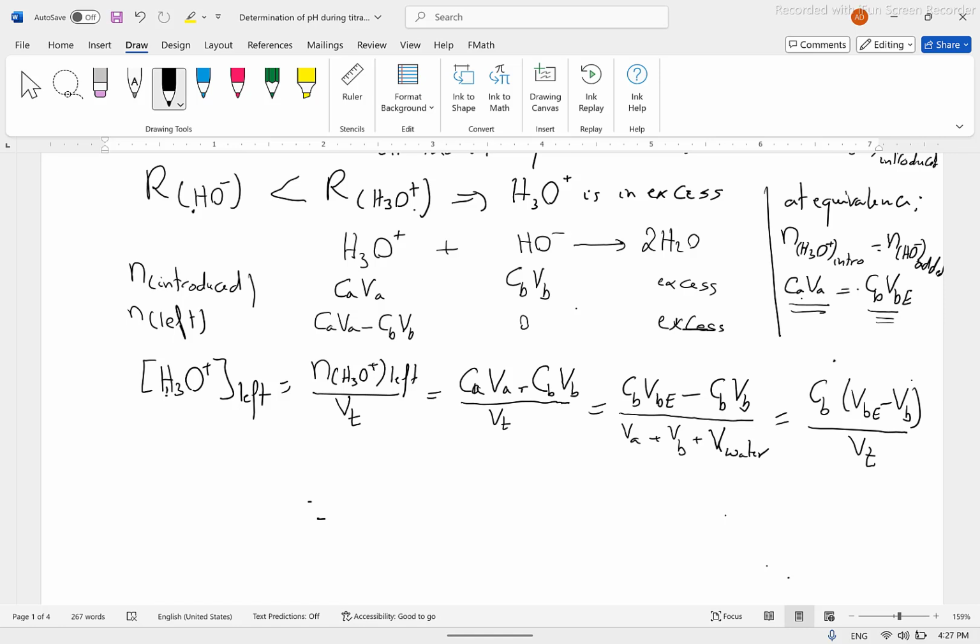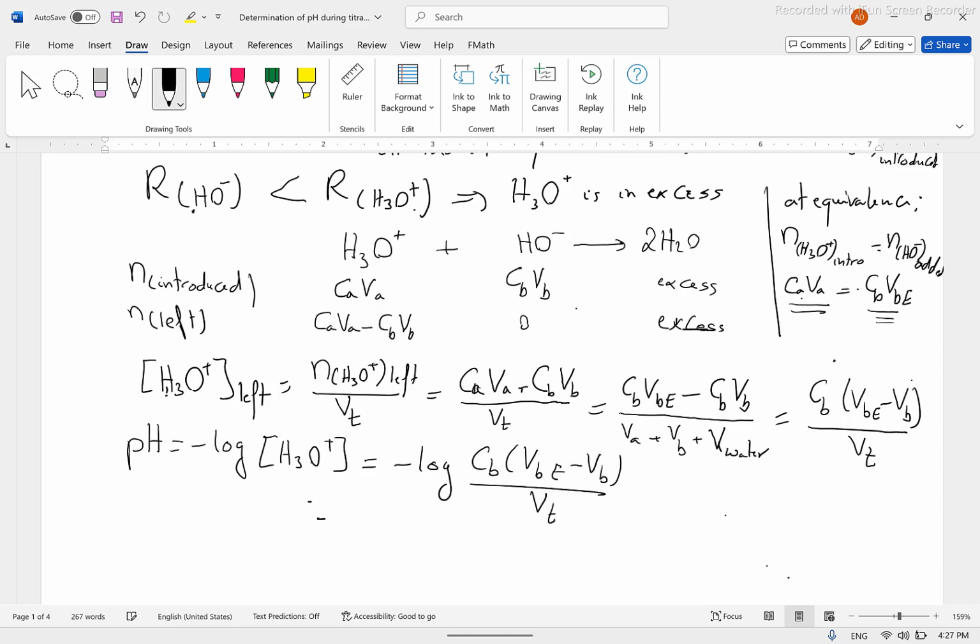Now, the medium is acidic, then the pH equals negative log of the concentration of H3O+, equal to negative log of Cb times Vbe minus Vb over V total. We replace Cb and V total by their values, and we calculate the negative log of Cb over V total, and we find the final relation.